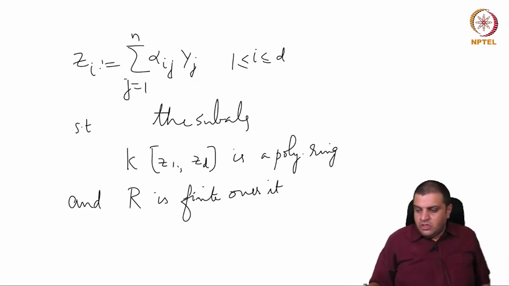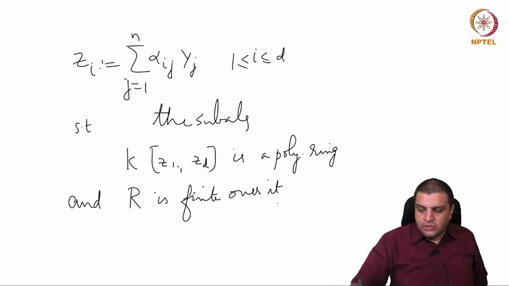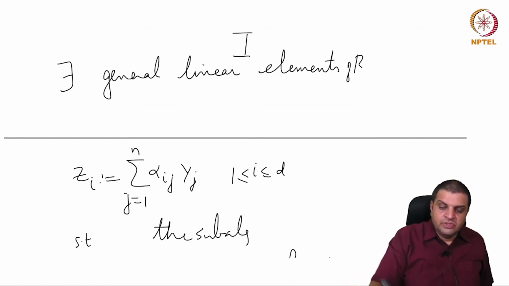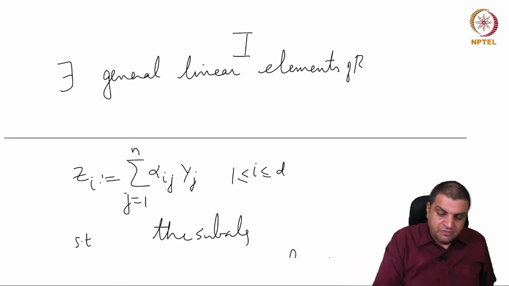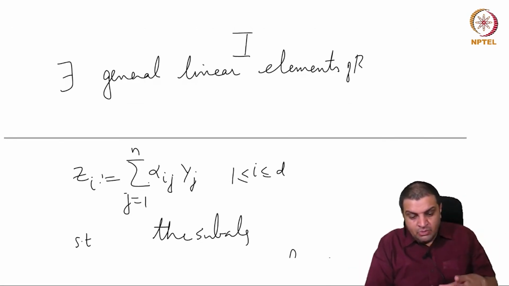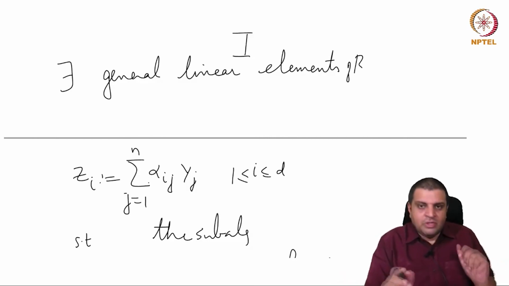So we can actually do these things with linear combinations. Not every choice of alpha ij will work, but because k is infinite, there is enough room to choose them randomly, and that would work.